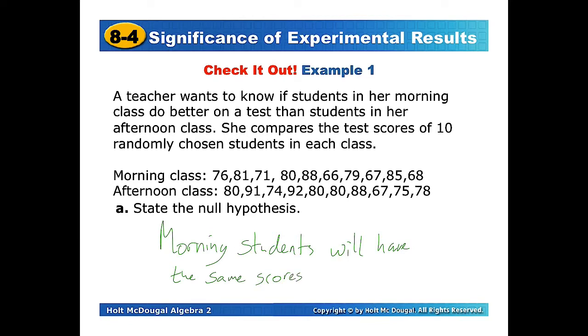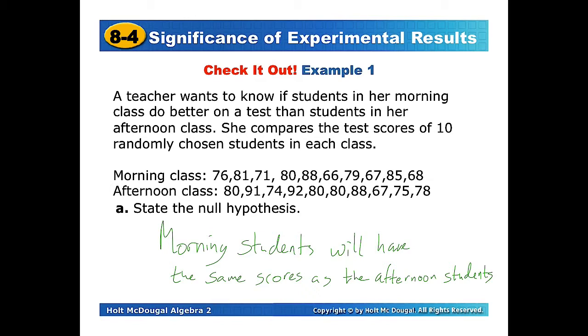In other words, there is no significant difference between the morning scores and the afternoon scores. Again, as I said in the previous example, make sure you provide these details. So, no significant difference. We think they're going to have the same scores as the afternoon students.